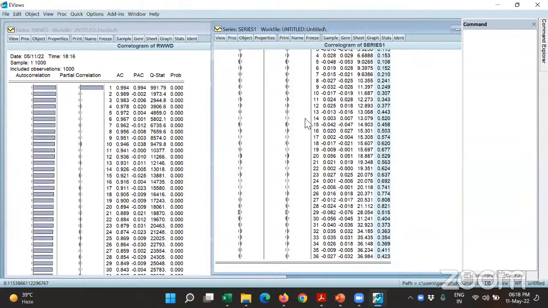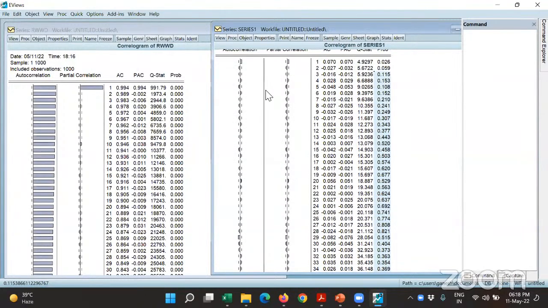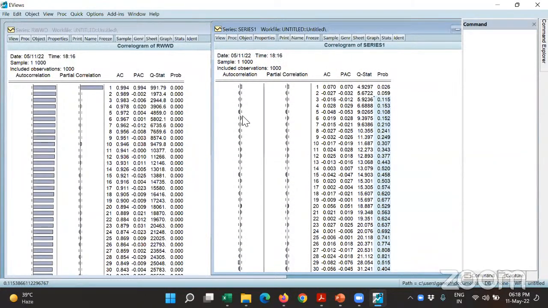That means the correlations are not different from zero, and hence there is no connection of today's observation with yesterday's observation itself.